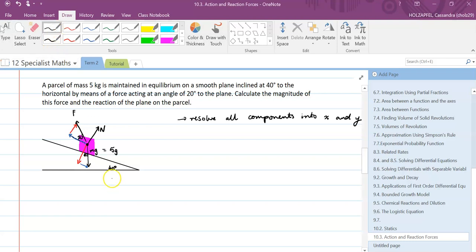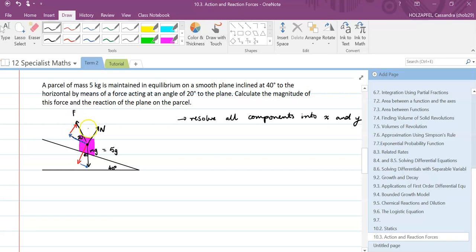Okay, so I've drawn a diagram which is outlining what's going on in this scenario here. So we have the same forces as what we had before. We've got our angle of 40 degrees in here and in here, and we have our force that's acting perpendicular to the plane. We have our force that's parallel with the plane. Now, let's say that this is some sort of strap or something that's holding this parcel up at an angle of 20 degrees.